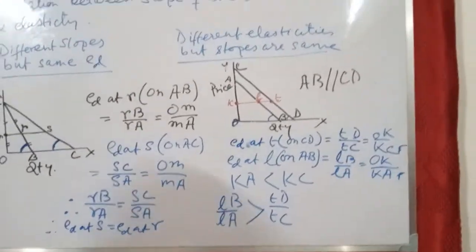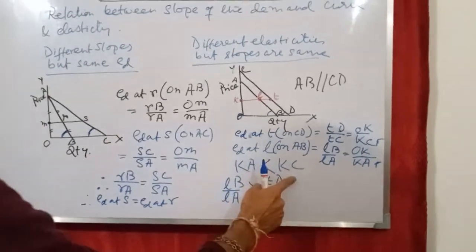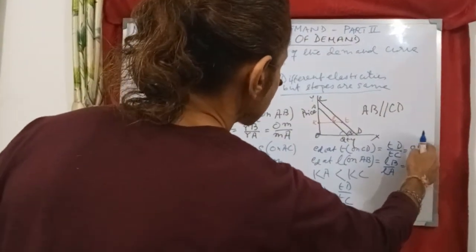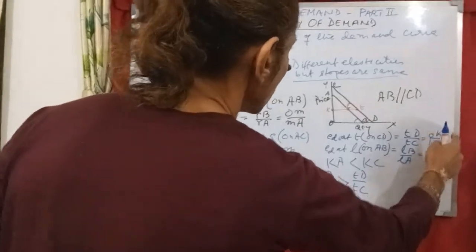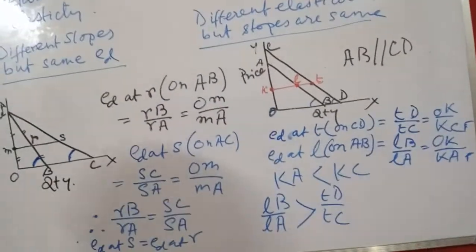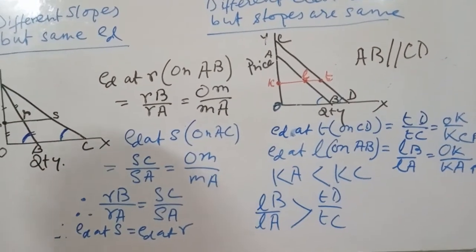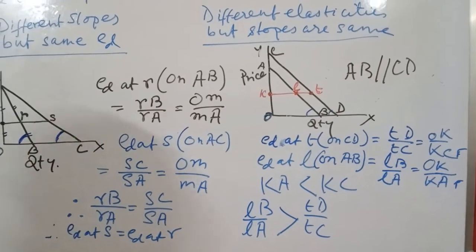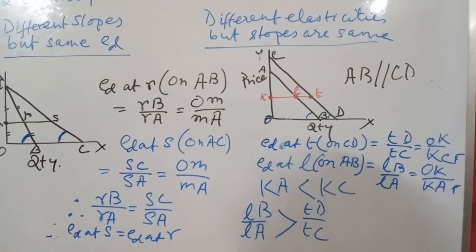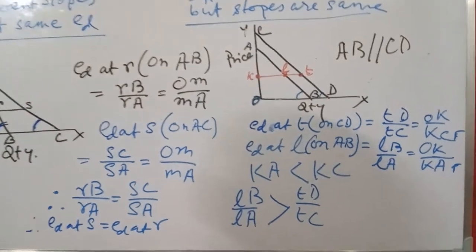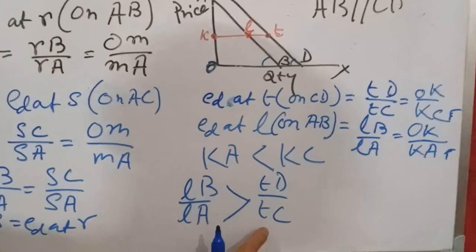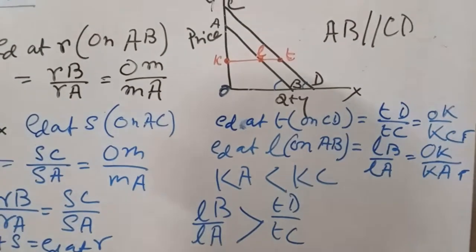If KA is less than KC, OK remains the same in the numerator of both the elasticities, and KC is more than KA, then LB by LA will be more than TD by TC.